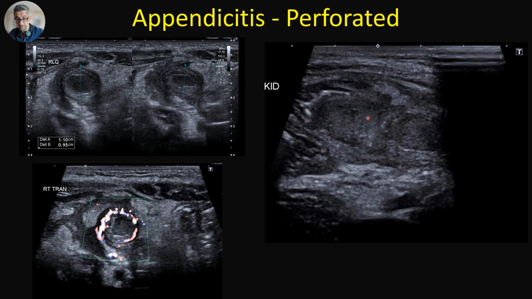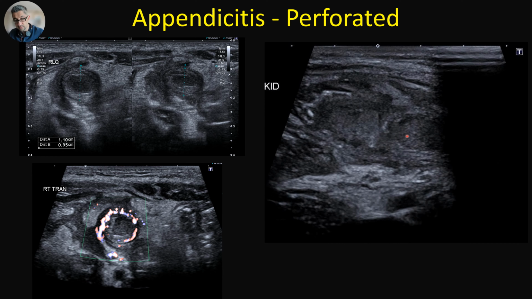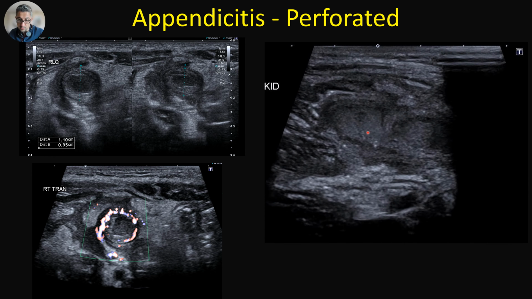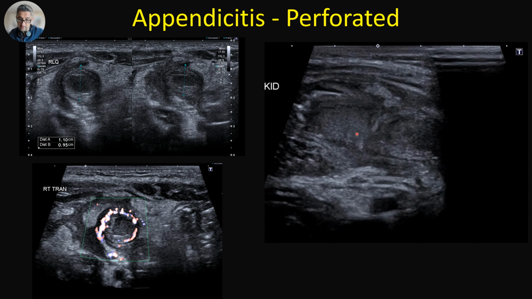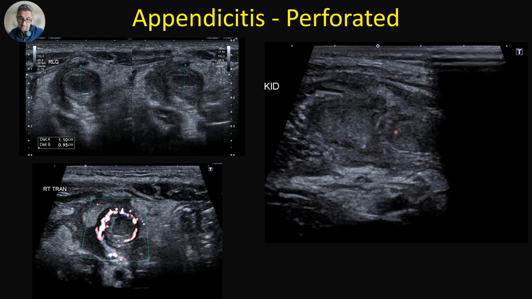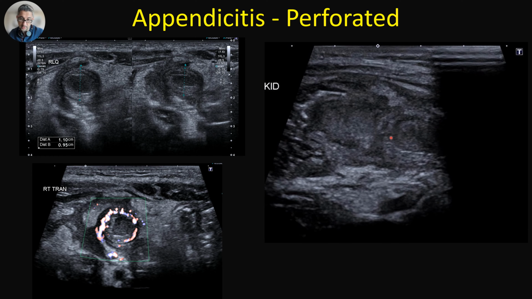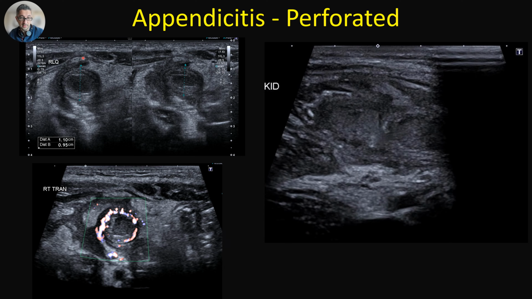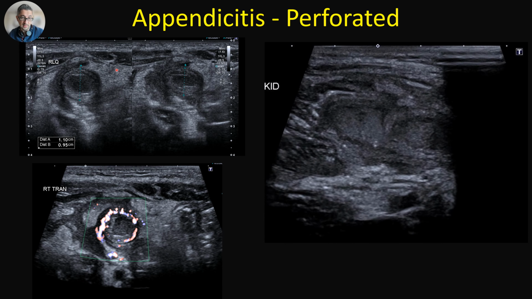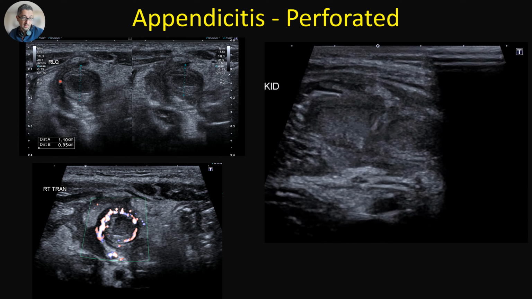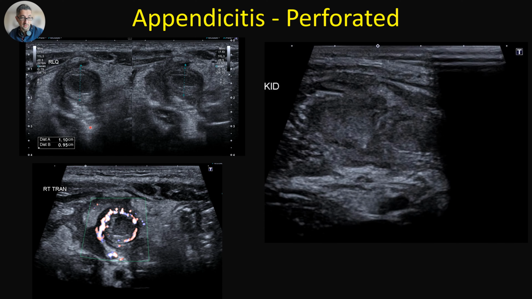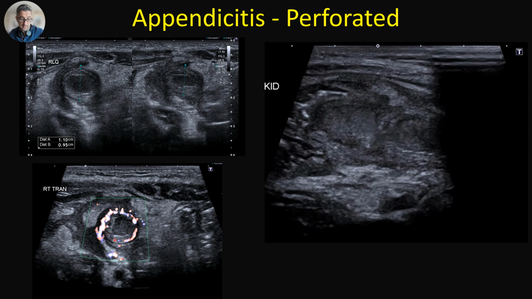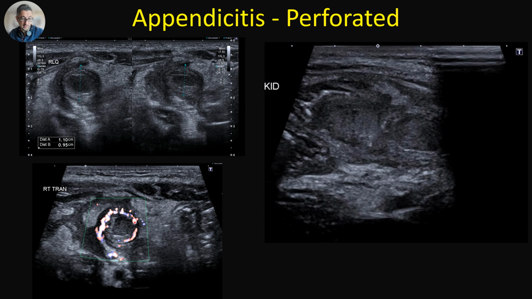It is hyperechoic and it's showing a slow motion, and you can actually detect the mobility by pushing your probe onto it. And here is the appendix. It can be slightly compressed and the wall is thickened. There is increased echogenicity around the appendix and significant hyperemia.